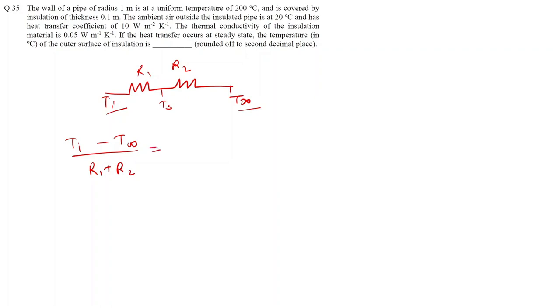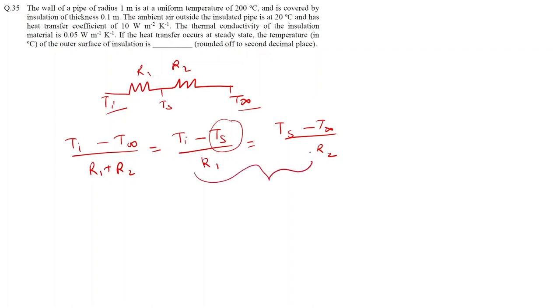This will be equal to Ti minus Ts upon only one resistance between them, that is R1. Similarly, this will be Ts minus T infinity upon R2. So you can use any of the two terms and ultimately find the temperature of the surface. Let's consider these two terms for our purpose.